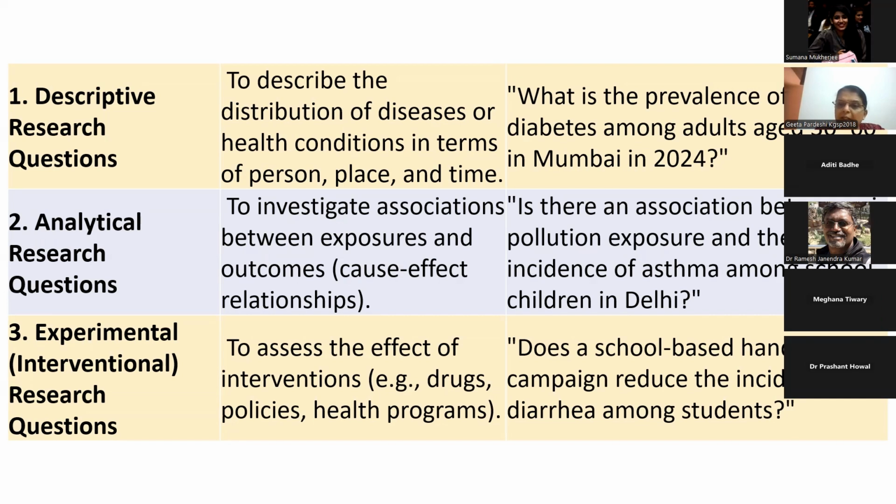Or it could be an analytical research question where you have identified specifically the exposure and the outcome, or the independent and the dependent variable, and you are just trying to understand the association between two specific variables. It could be an experimental research question where you want to see the effect of the interventions.